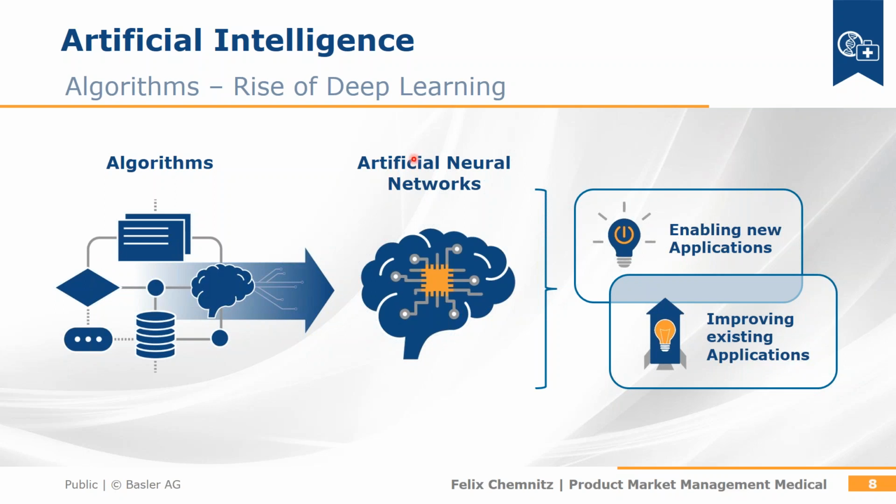By now, we can transfer this into artificial neural networks, and this gives you the ability to enable new applications, which I will talk about in a second, and to improve, for example, applications from the factory automation business, which we see in the inspection business, let's say it like that.